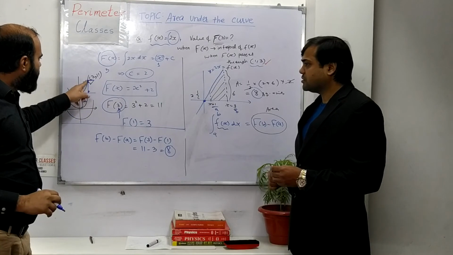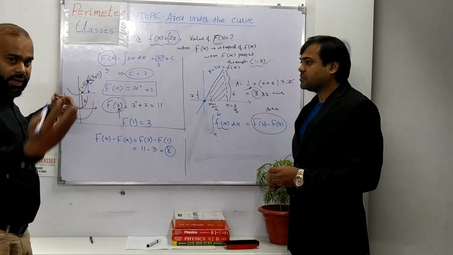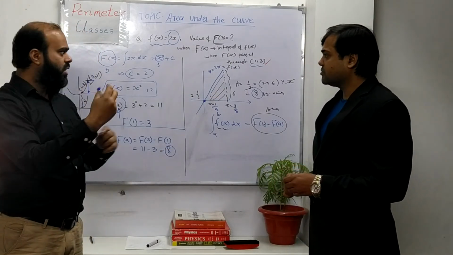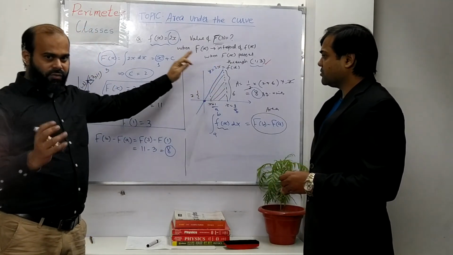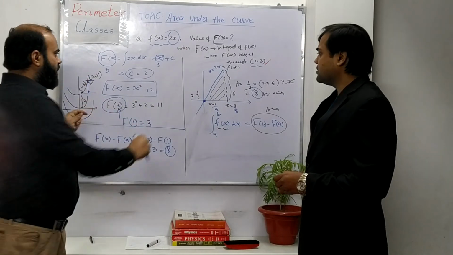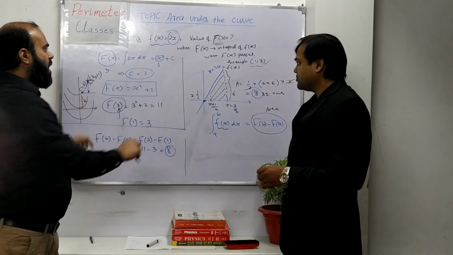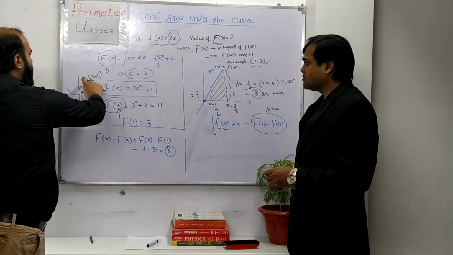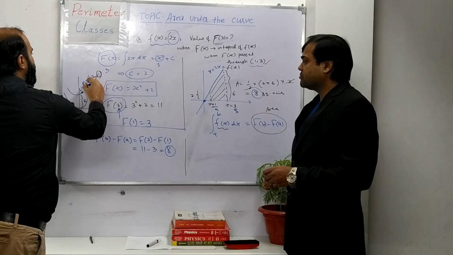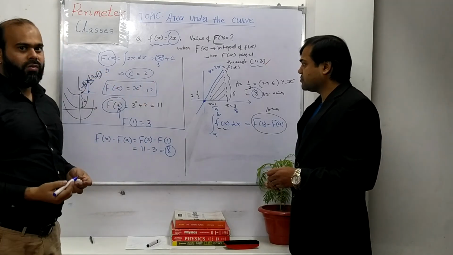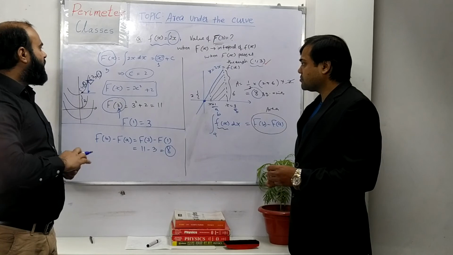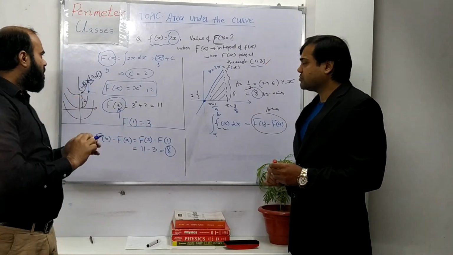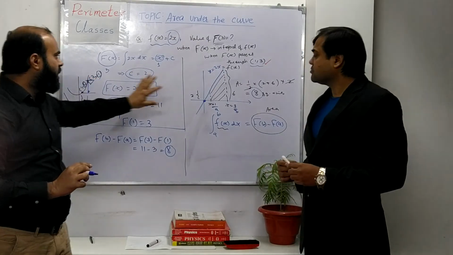So there are two functions: one is the function itself, another is its integral. Geometrically, this is a line, this is a curve, and this line encloses an area, and its integral gives you the difference of the y coordinate, which is given as the area over there. Many other things are also associated with this if you try to understand why the difference of y coordinate comes as area.